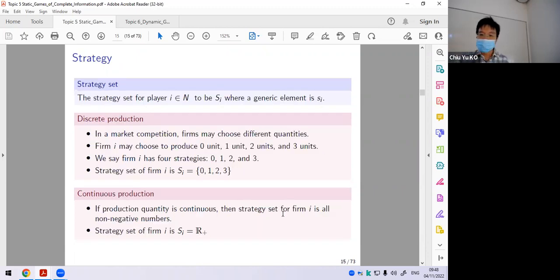And the next is the strategy set. You have to be very careful about what the firm can choose, and a technical complication you will see later is, if it's continuous, is it an open set or a closed set? The boundary is important.